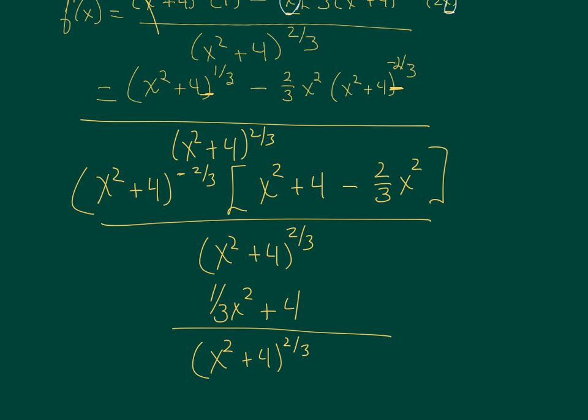Would it be proper to leave that fraction there? How would we get rid of that fraction in the numerator? We don't ever want to leave a fraction in the numerator. What could we do? Oscar?